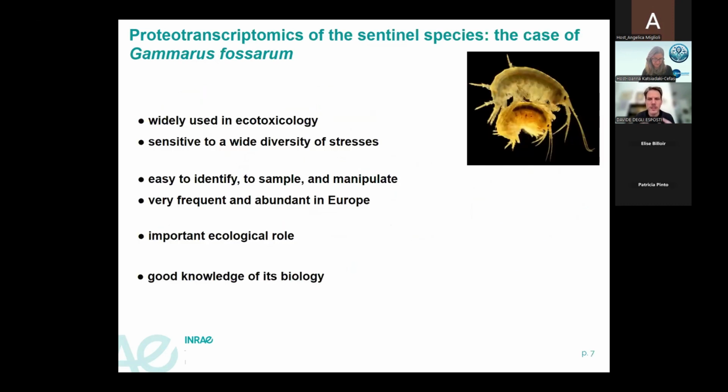Building these protein catalogs allows us to perform comparative proteomics studies.